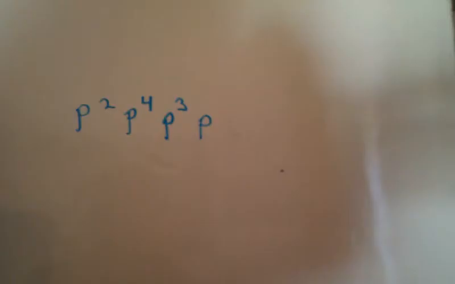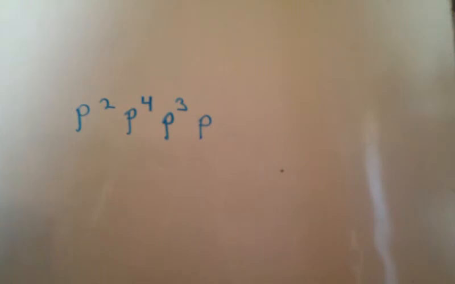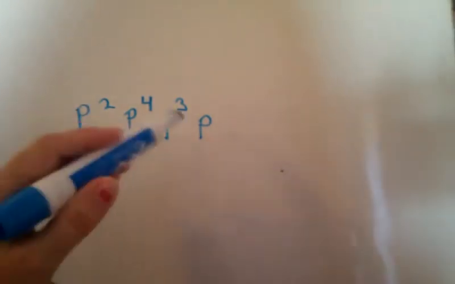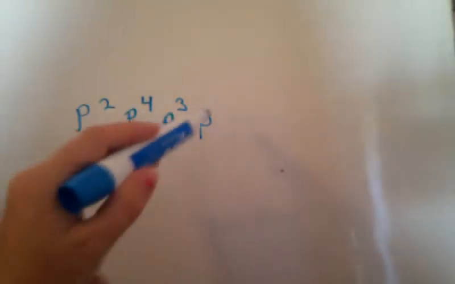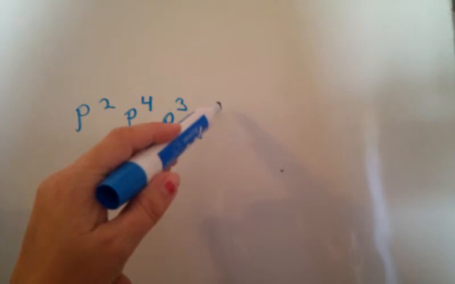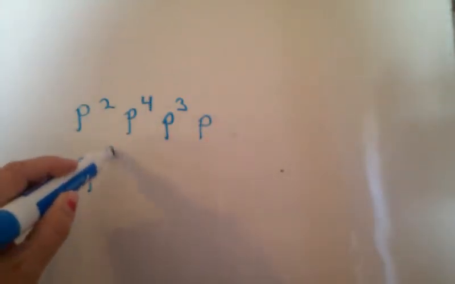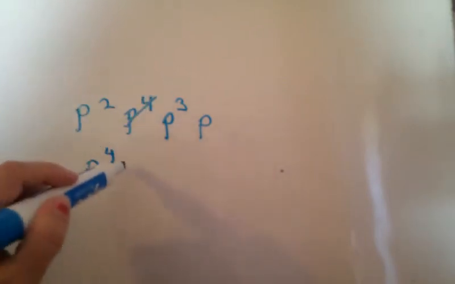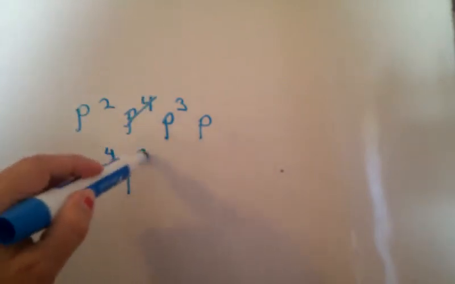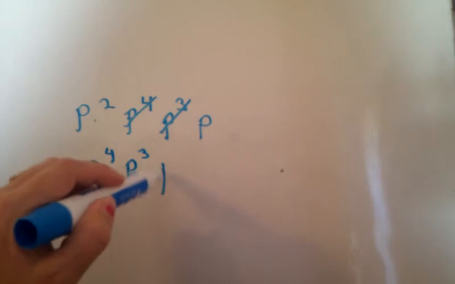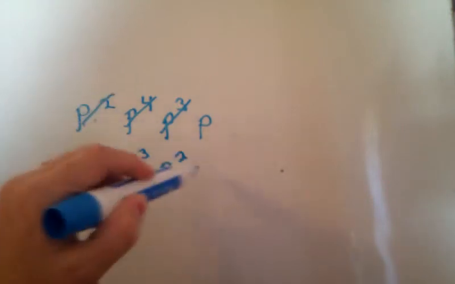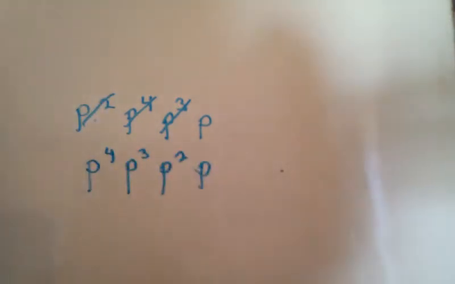Which order do these go in? Remember, we only look at the exponents. Okay. What is my highest exponent? There's 2, 4, 3. If there's nothing there, it means 1. My highest is 4. So p to the 4th is first. And then p cubed. And then p squared. And then p. Okay.